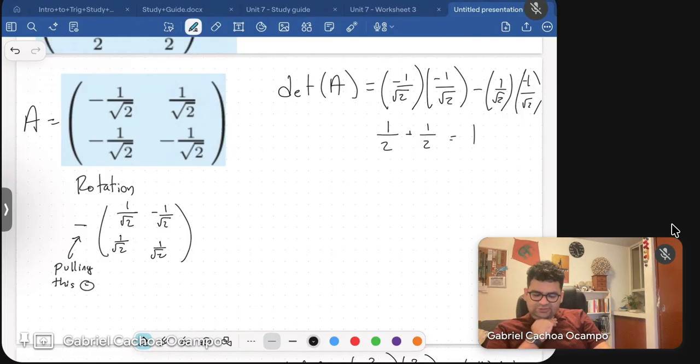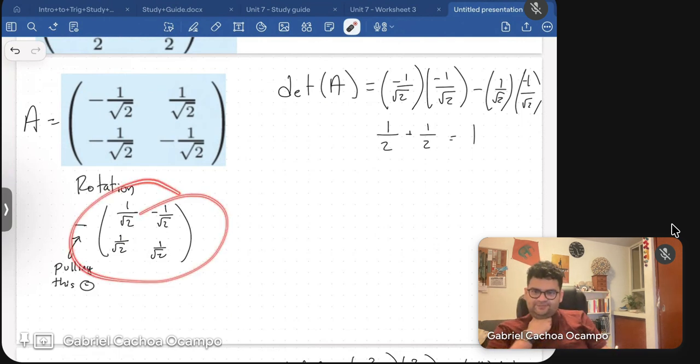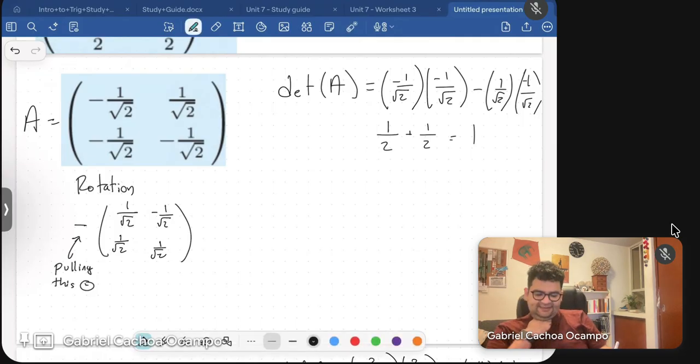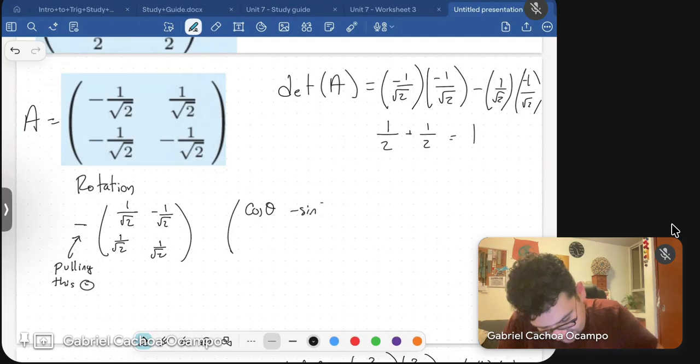This is as well a rotation, because 1 over the square root of 2 times 1 over the square root of 2 is 1 half, and this times this is negative 1 half. So 1 half minus negative 1 half, that is 1 half plus 1 half, that is 1. So this is a rotation as well. Please observe that this is cosine of theta, negative sine of theta, sine of theta, cosine of theta.